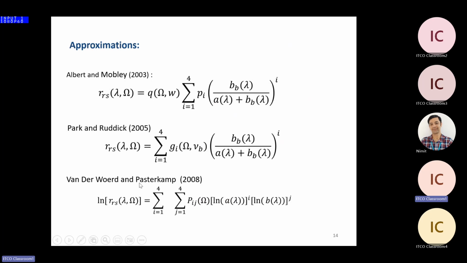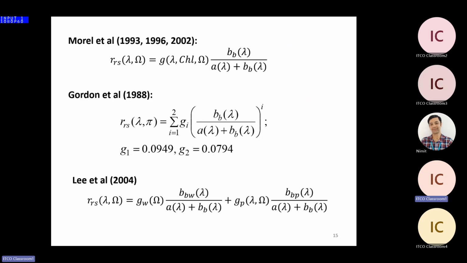And here's another one by Lee, Wang, and Park-Campos. So these are different approximations of that exact solution. Here are more: Morel, and here's also bb over a plus bb, as Mike mentioned before. Basically, the whole remote sensing reflectance is proportional to bb over a plus bb.